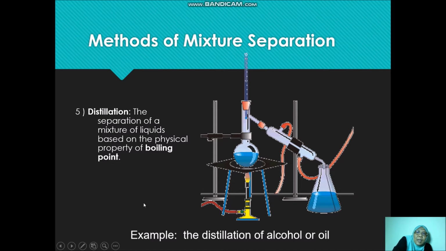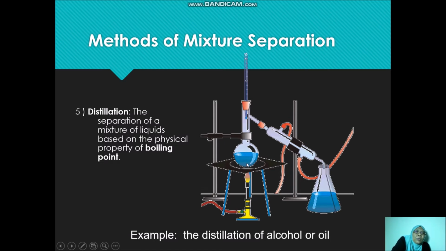The other is distillation. What is distillation? Distillation is the separation of a mixture of liquids based on the physical property of boiling point. I will explain using seawater. You want to separate pure water and salt. How to do that? By using distillation.